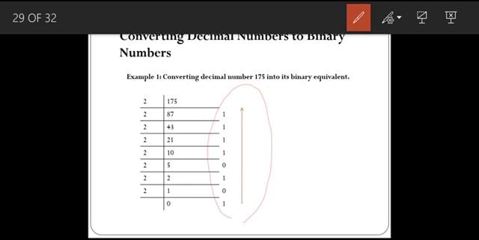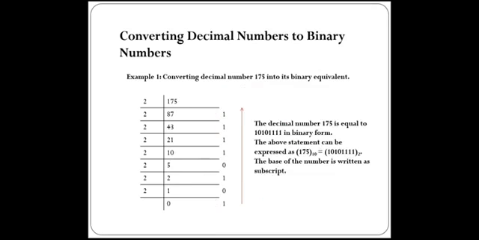So value of 175 will be 10101111. So decimal number 175 is now equal to 10101111 in binary form. This statement can be expressed as 175 base 10 equals 10101111 base 2.